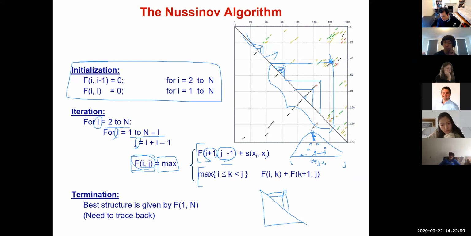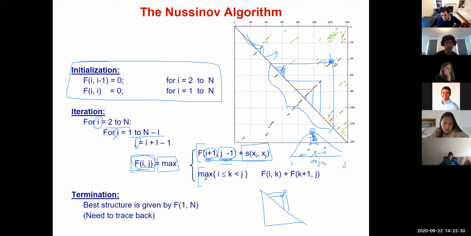To compute ij, I compute it recursively as a function of anything already computed inside this triangle, the I plus 1, j minus 1, with whatever pairing score I have for xi and xj, given by the table I showed you on the previous slide. So that's one option: extend both sequences by 1 and choose the value right there.